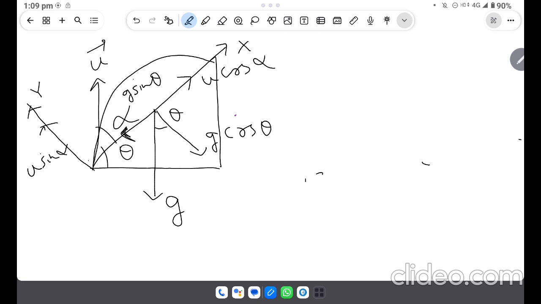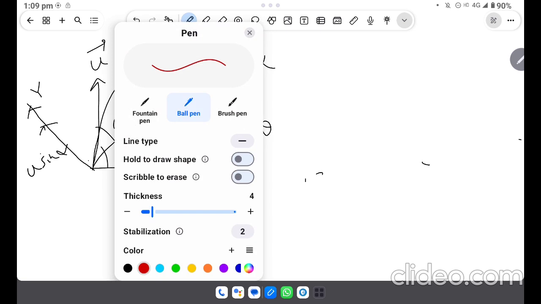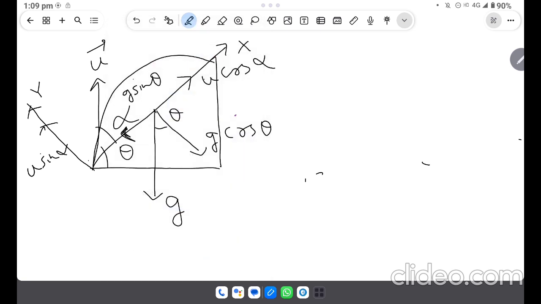Now, the complete horizontal distance from this point up to this point along this is called the range. Here we have to consider the motion in the x direction, because range is the complete horizontal distance, so we have to consider the initial x component of u and of a.